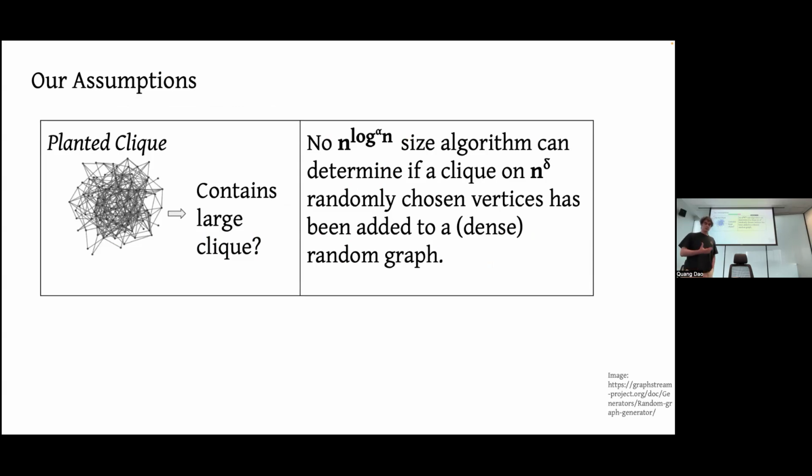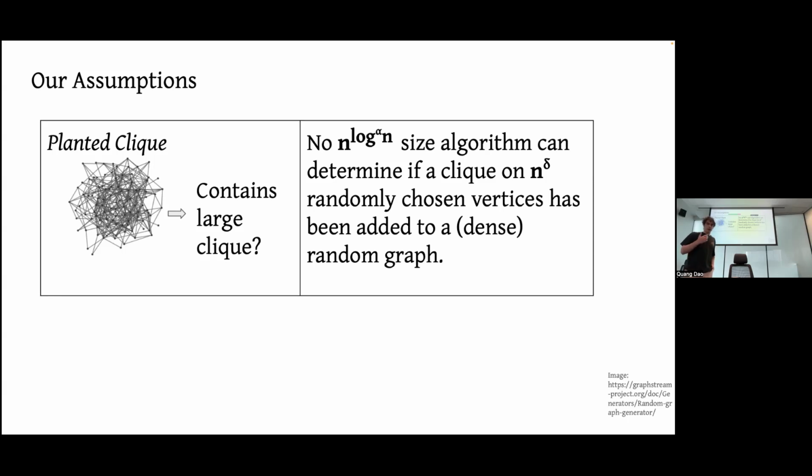First, to establish what the Clique problem is, this asks to determine, given some random dense graph as input, whether we have randomly selected a small number of vertices and put a clique on those vertices, or whether the graph is truly just random. And what I mean by adding a clique is we just pick those vertices, and then for every pair of vertices in our small subset, if they don't already have an edge between them, then we just add an edge.